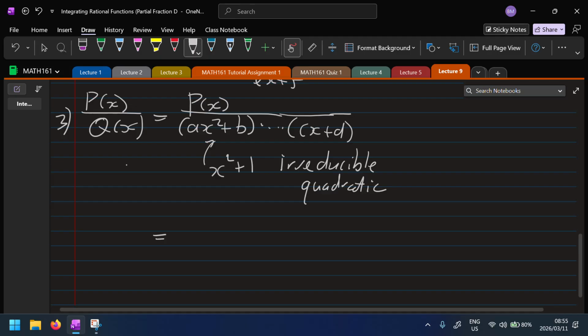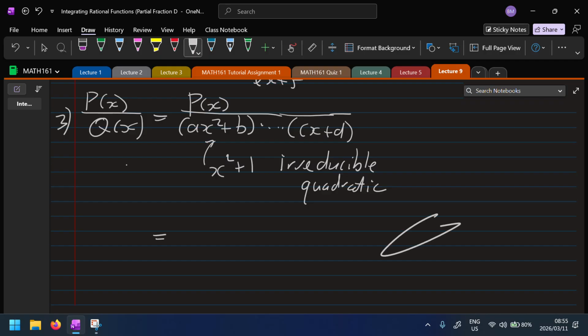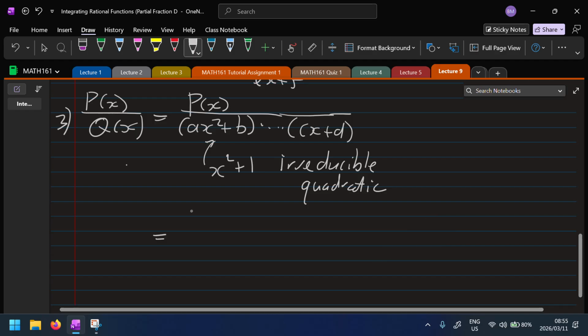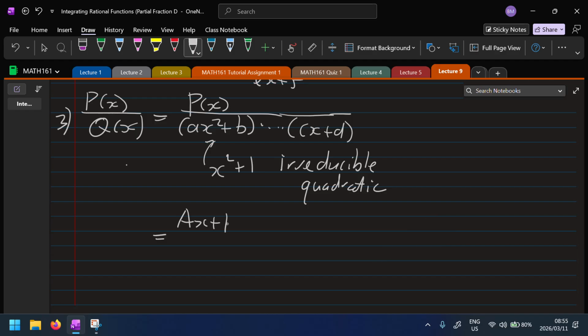So instead of just having a at the top, it will be ax plus b at the top. So here we have ax plus b over ax squared plus b. Okay. So if it's quadratic at the bottom, then the top needs to be linear. So we write it as ax plus b. Plus all the other terms that you might get.